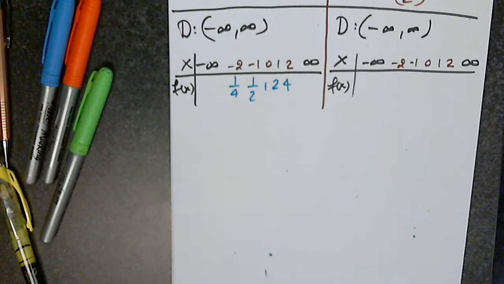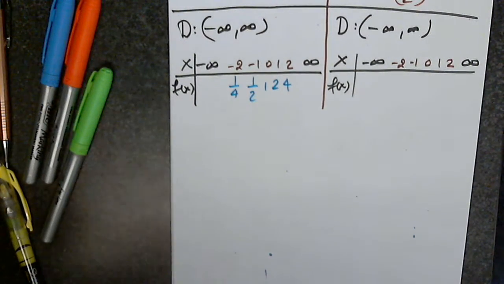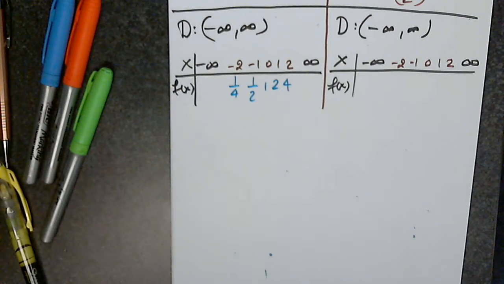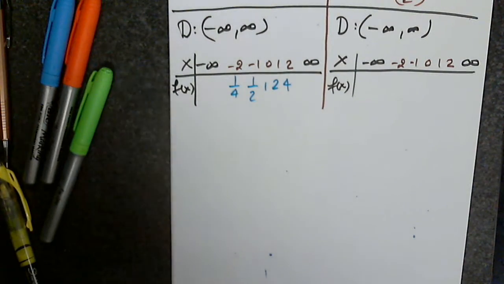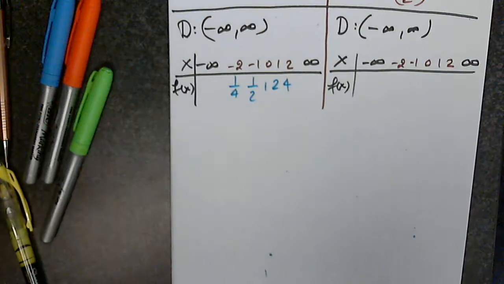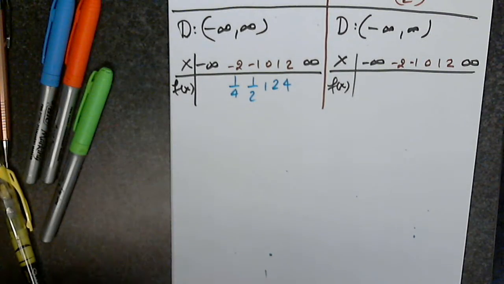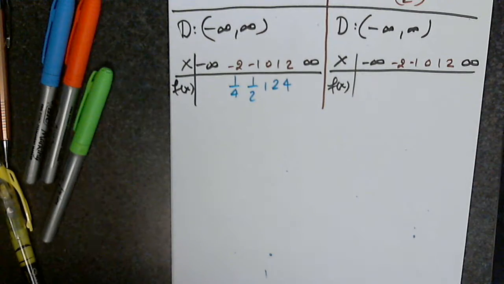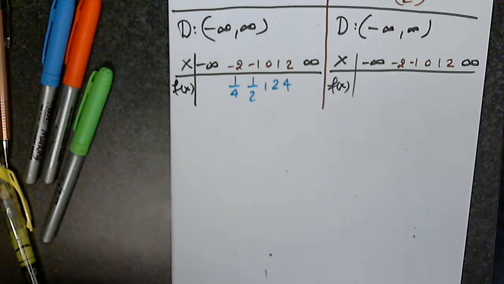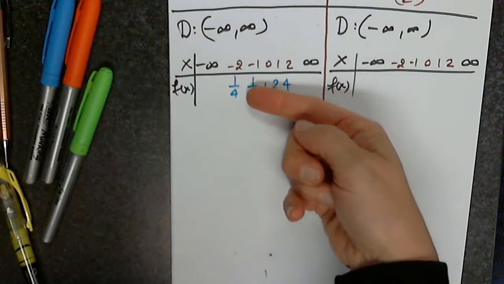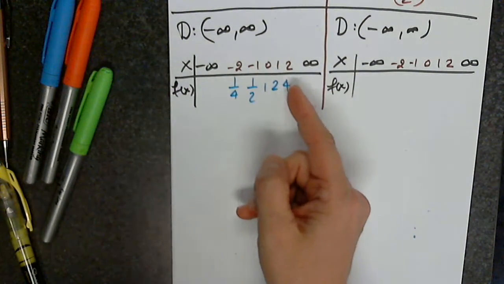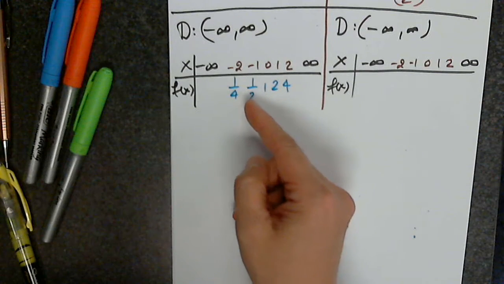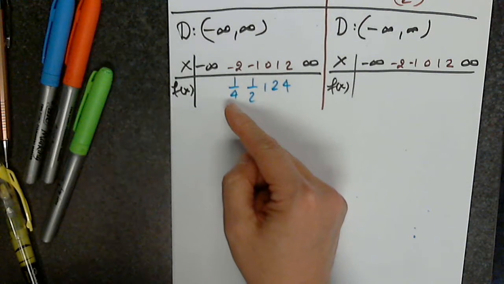Now, bear with me. We have never done this before, and we have never seen this before, unless you took this course before, which is fine. This is not the way we determine the end behavior for polynomial functions or rational functions, but this is applicable here for the exponential function. So tell me where I'm going when I go this way. 4, 2, 1, 1 over 2, 1 over 4.